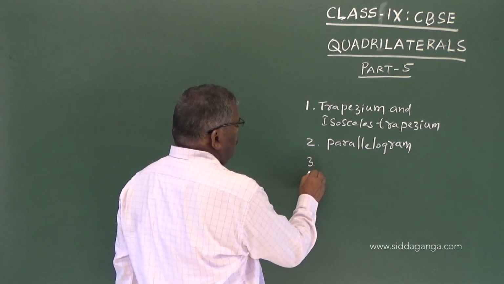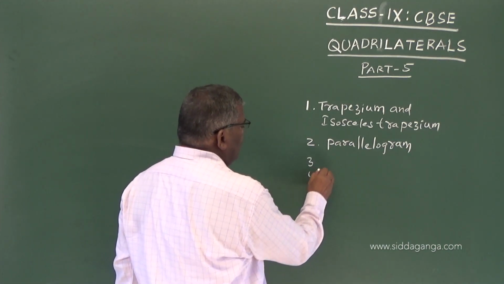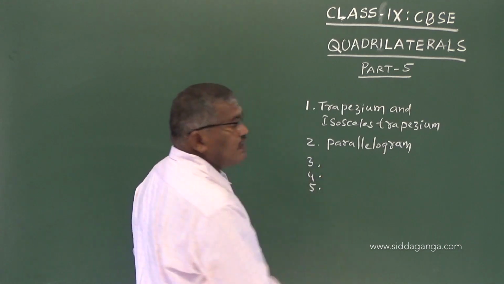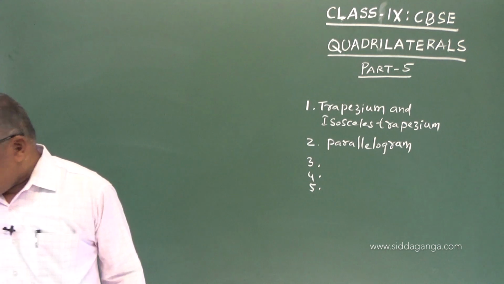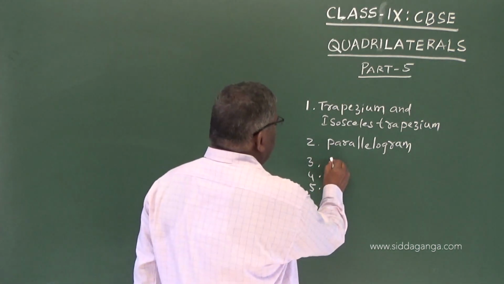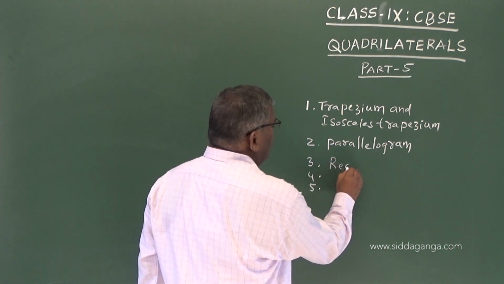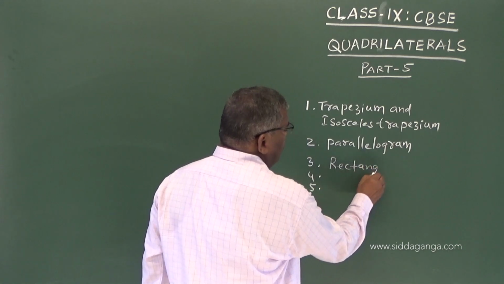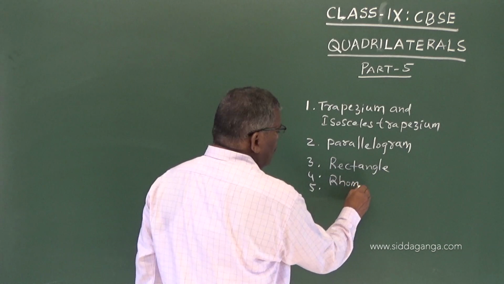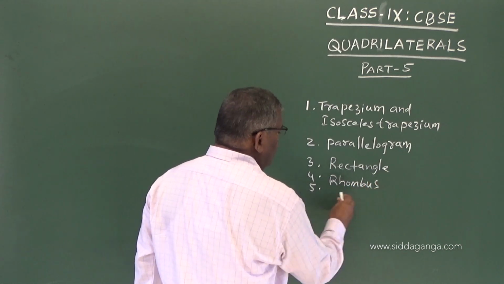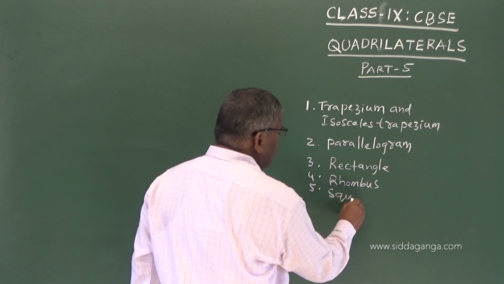So 4, 5, 6 are special types of parallelograms. They are rectangle, rhombus, and square.